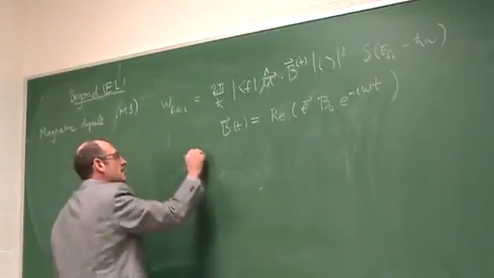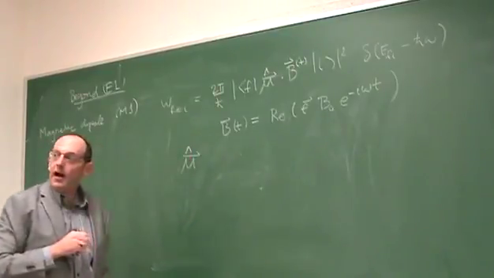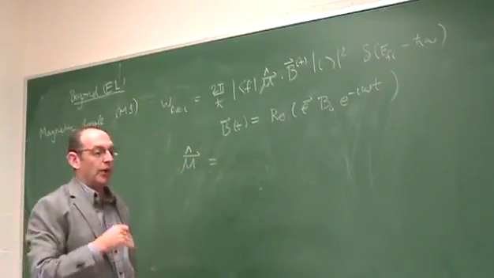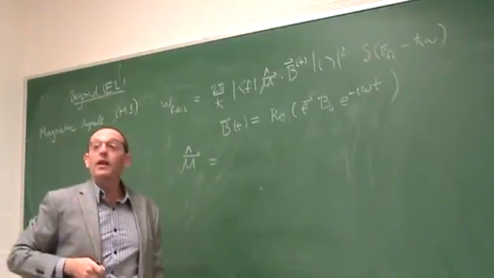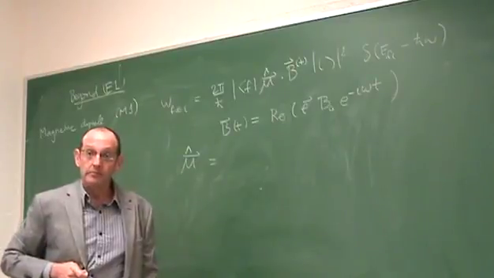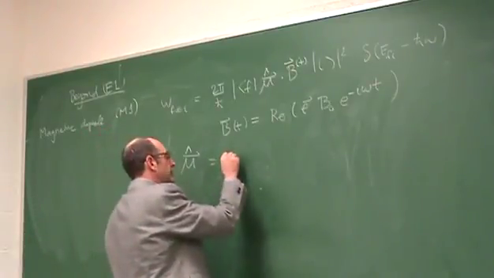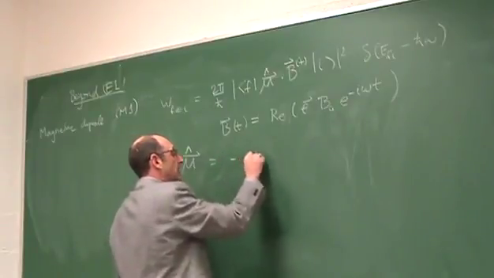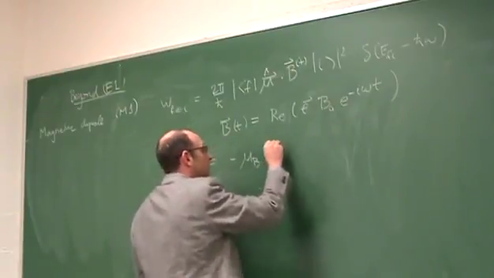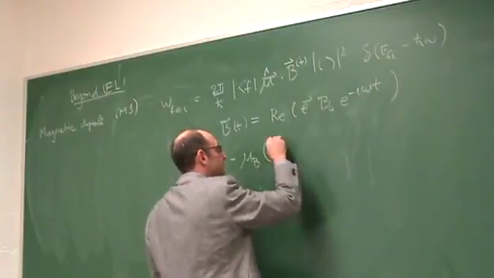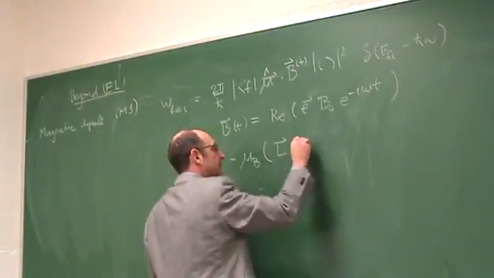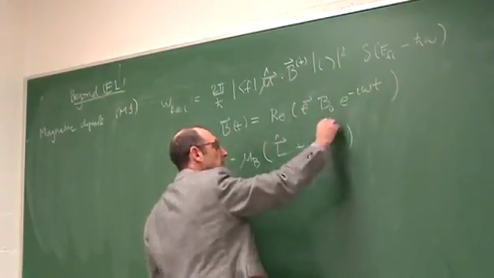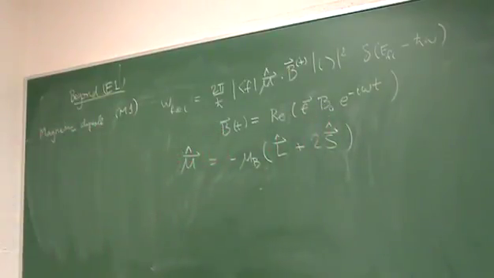My magnetic dipole operator here is the magnetic dipole associated with this one electron in the valence shell. And that is equal to minus the Bohr magneton times the orbital angular momentum plus the g factor for the electron, which is 2, times the spin of the electron.